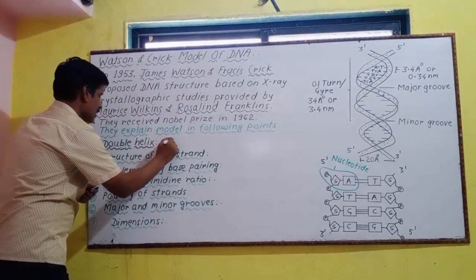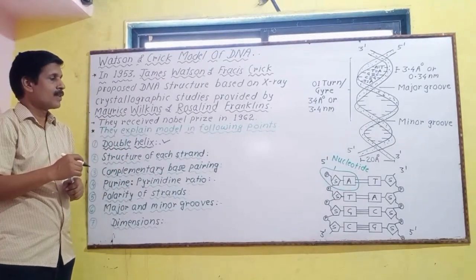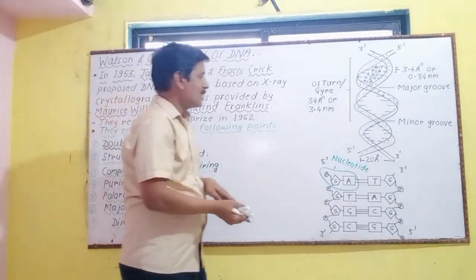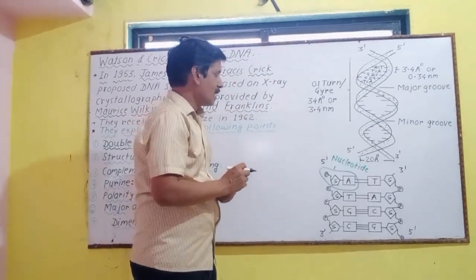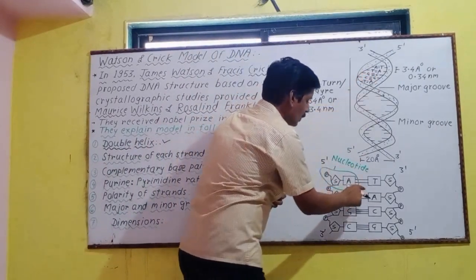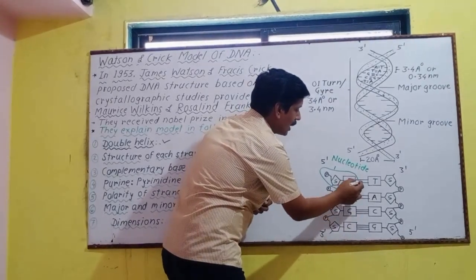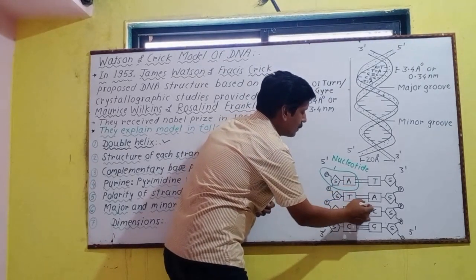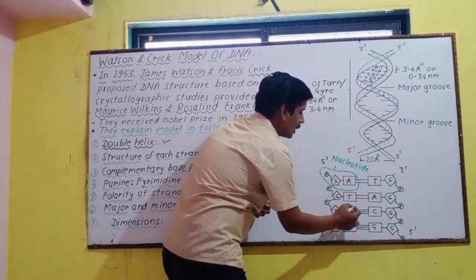Then the second point is the structure of each strand. If we see the molecular structure, the two strands of the DNA are joined together with the help of hydrogen bonds. These hydrogen bonds are present between the nitrogen bases, that is adenine, thymine, guanine, cytosine.